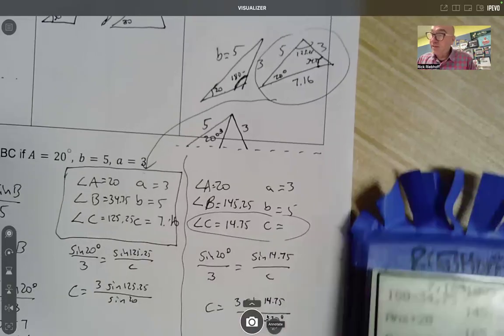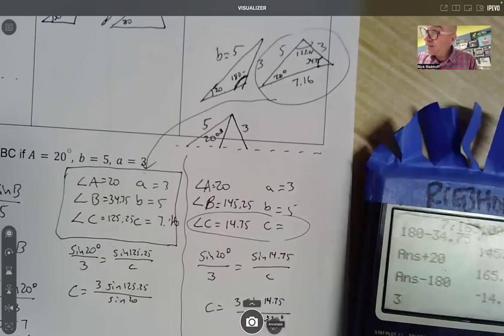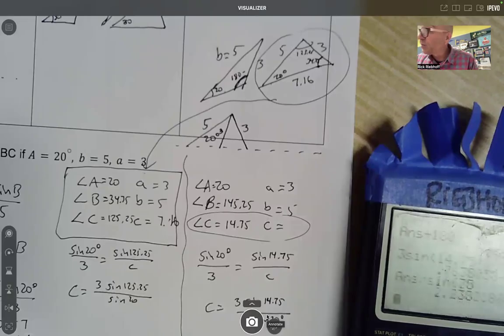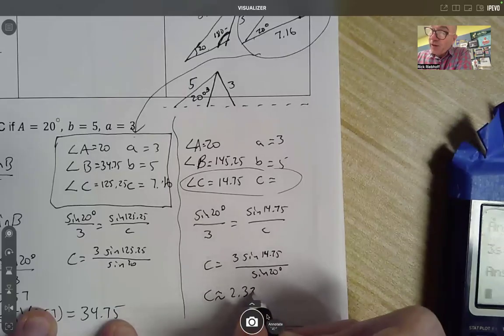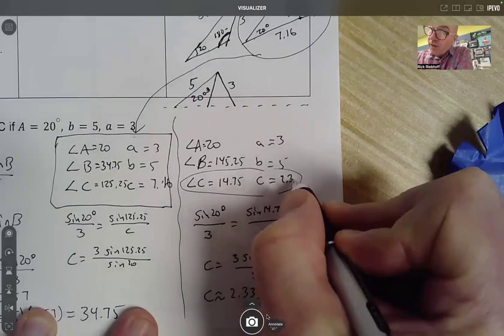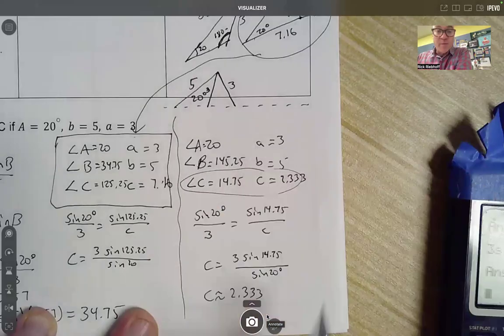All right, let's do it. So 3 sine 14.75 divided by sine of 20 equals, and I get 2.233. C is about equal to 2.333, and there we go.